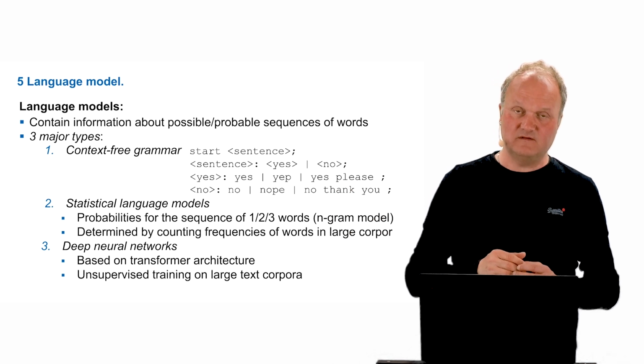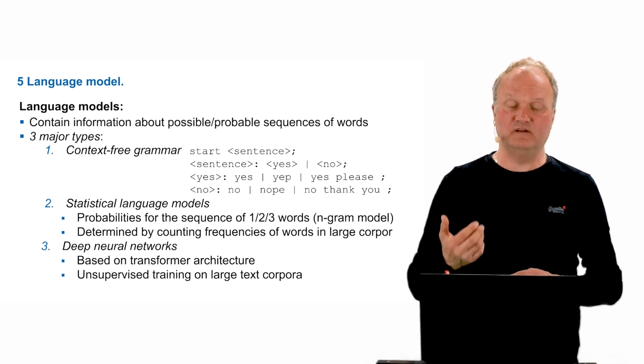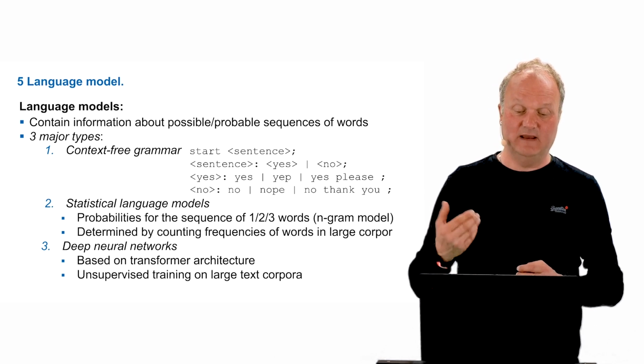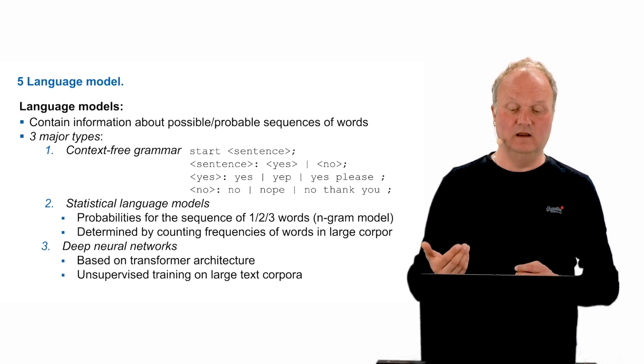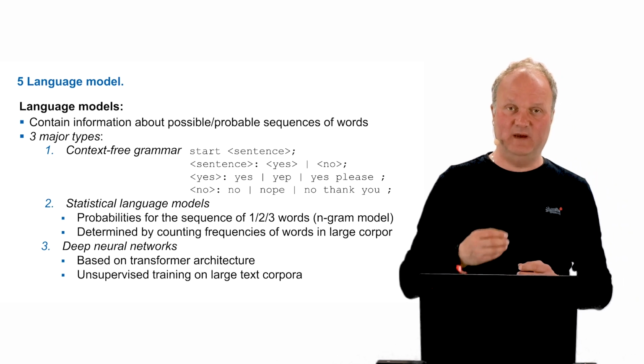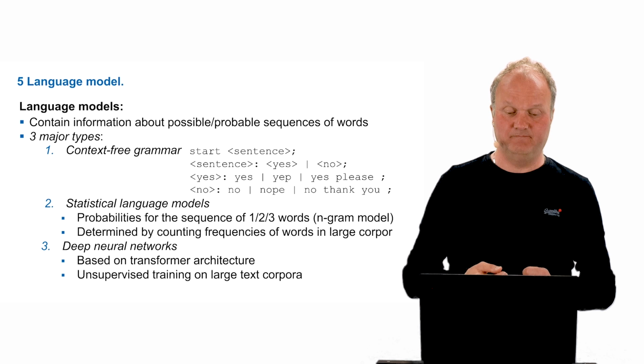Now these statistical language models might better reflect what we actually encounter in real-life situations, and they can be calculated by counting the frequency of words in large corpora. Recently, deep neural networks have also been used to better model the order of words in certain languages.